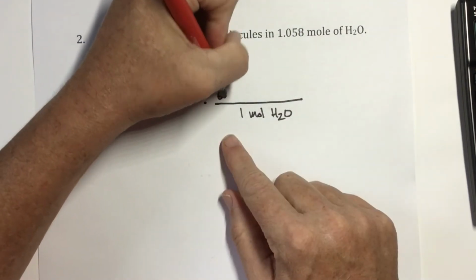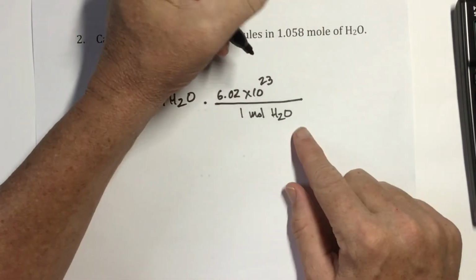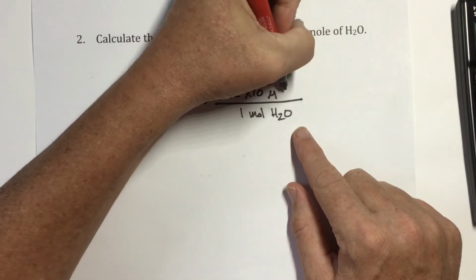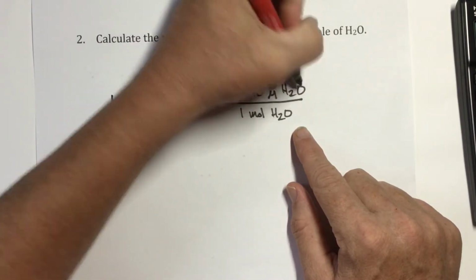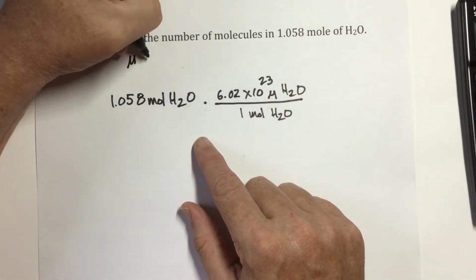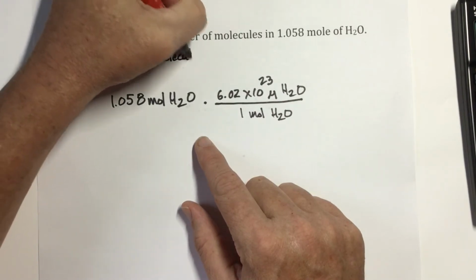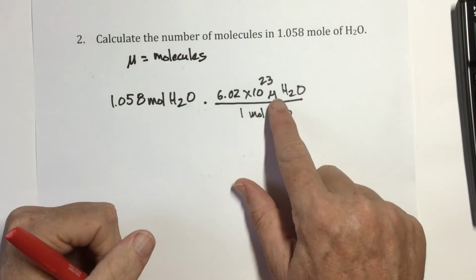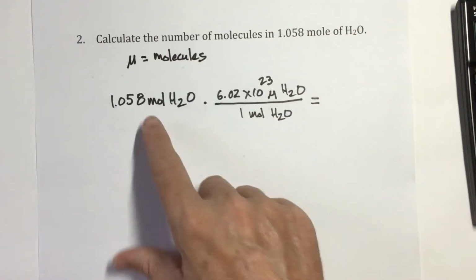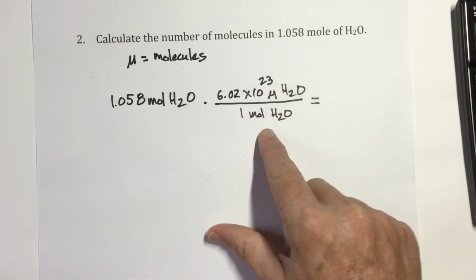And up top, I will put Avogadro's number, 6.02 times 10 to the 23rd molecules of H2O. I should point out that to save space, I use the Greek letter mu to represent the word molecules. So that just means molecules. So there we are. So 1.058 moles of H2O times Avogadro's number over 1 mole. The moles cancel out.